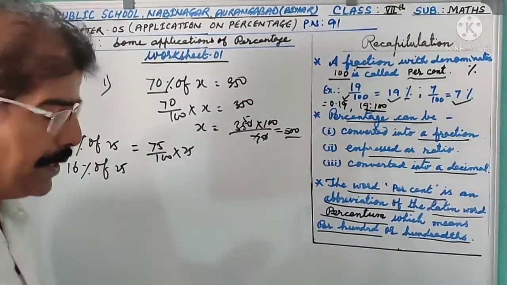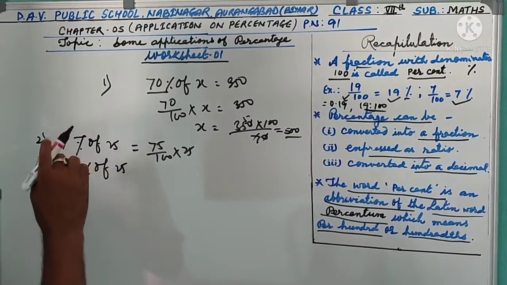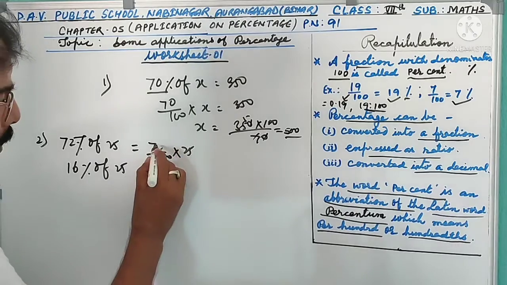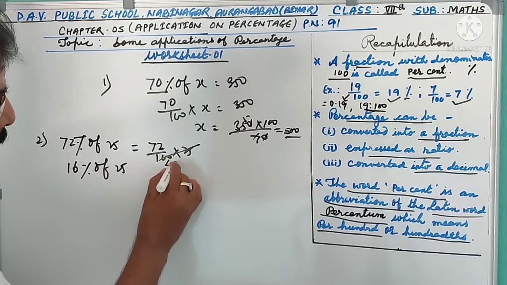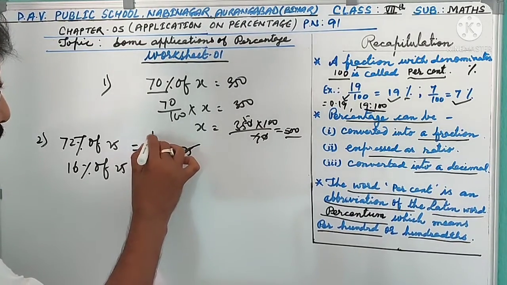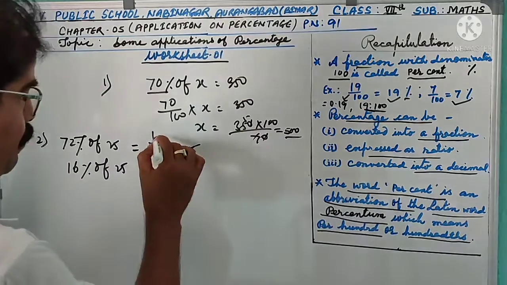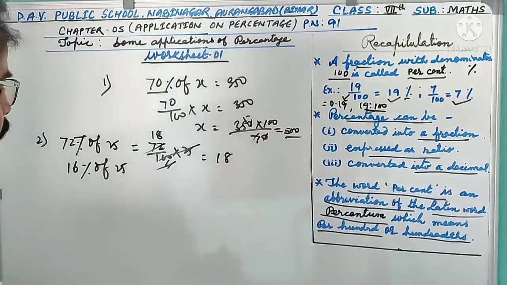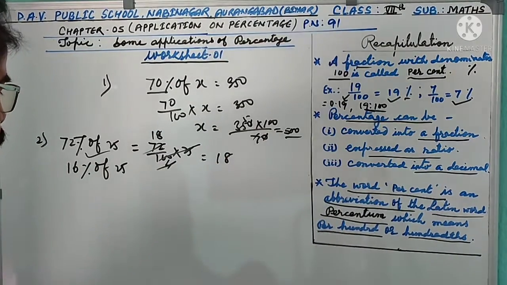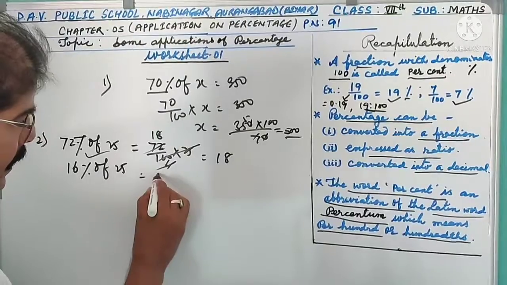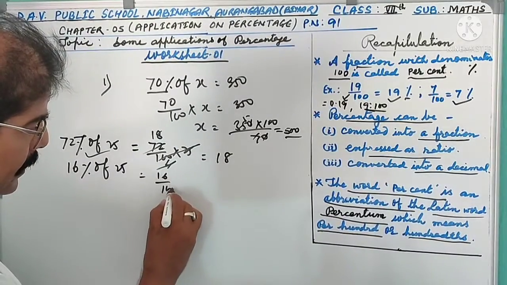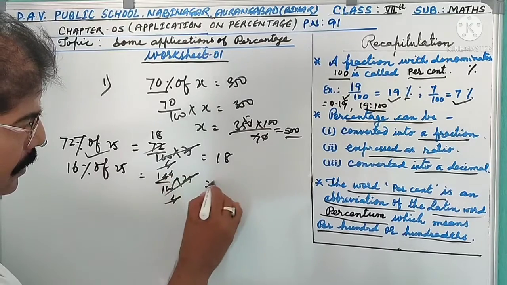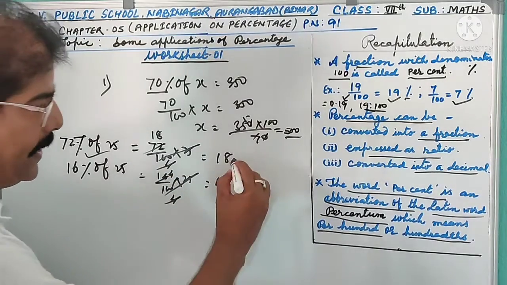That means 72 by 100 into 25, that is 18. So 18 persons read English newspaper, and Hindi newspaper 16 by 100 into 25, that means 4.